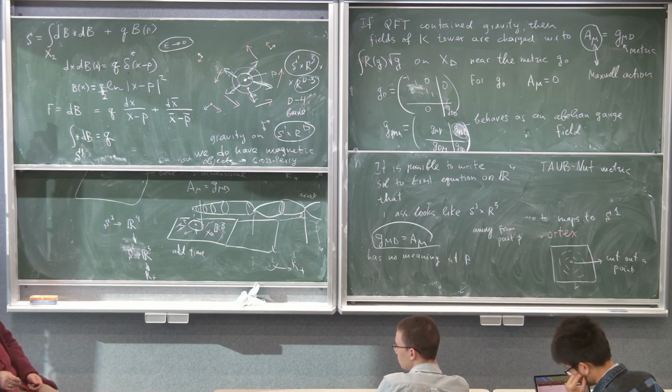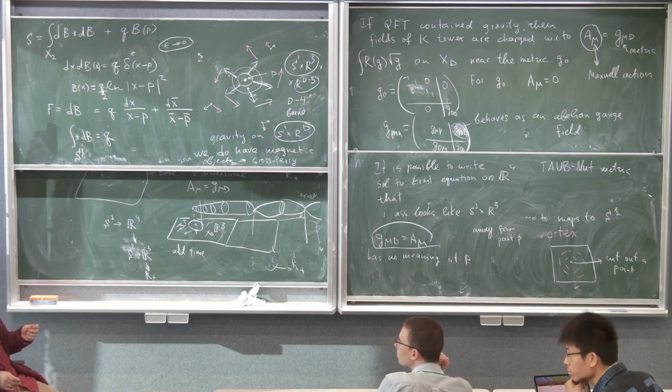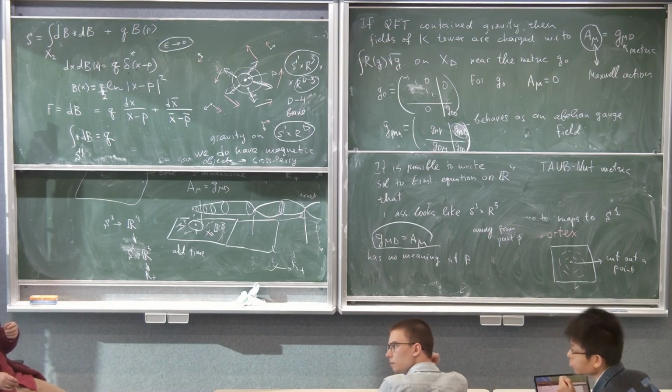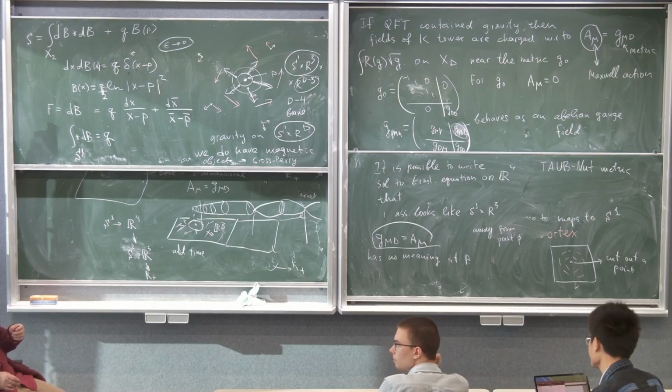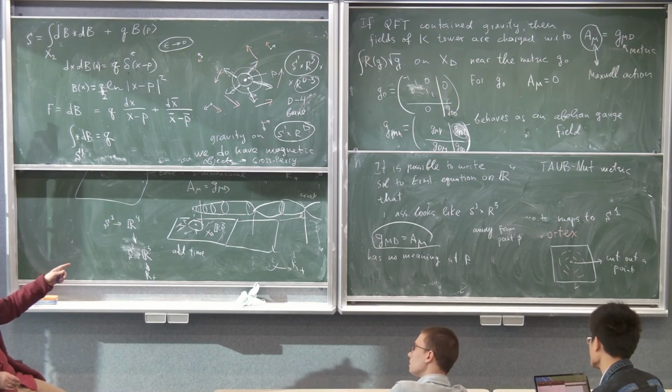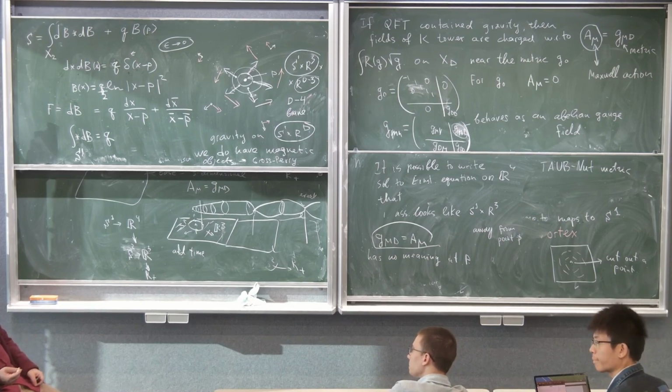You see, here there is an interesting extra thing. This metric is also a solution to Einstein equation. It is a flat metric, because the torus is as flat as the plane. But if you look at something simple like S2 times something, then it is not a solution to vacuum Einstein equation because it is not flat. What is important is that in this case, it's not only the topology that you can write a metric for, it's also important that you don't need any sources to support this solution.